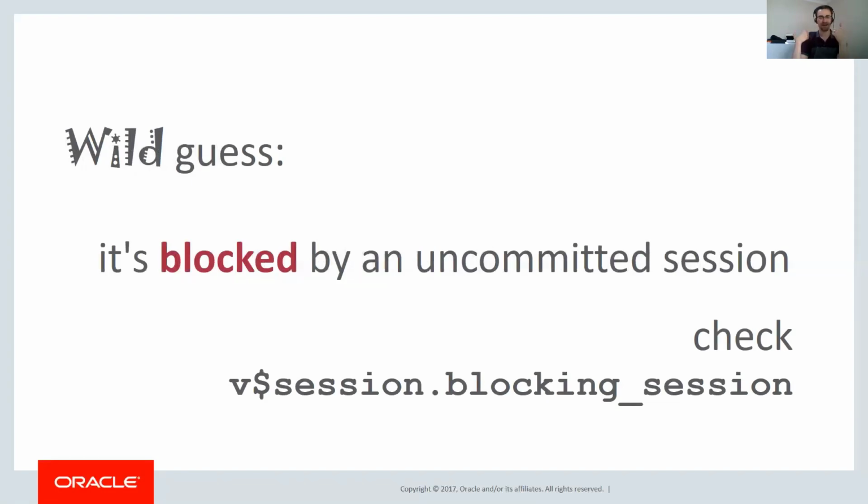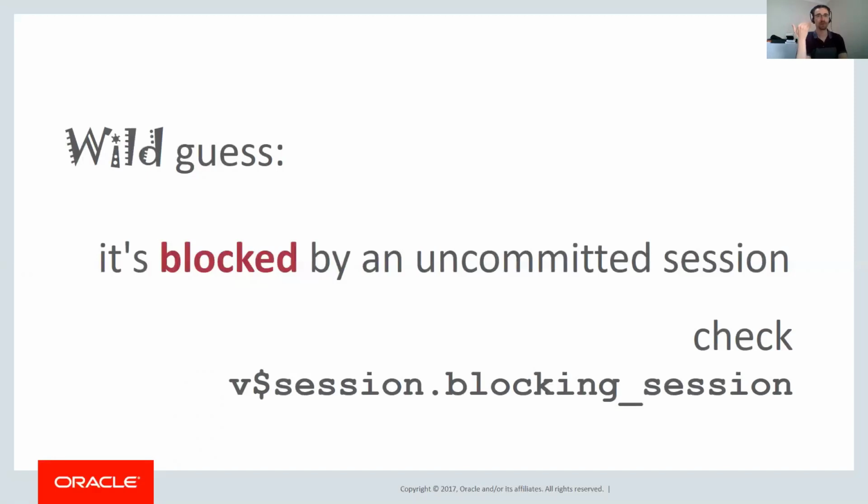Typically, a primary key means that you can only have each set of values appear once. So we've got two sessions trying to insert the same value, so there's a conflict. And what we do in Oracle databases says, whoever goes first has priority.